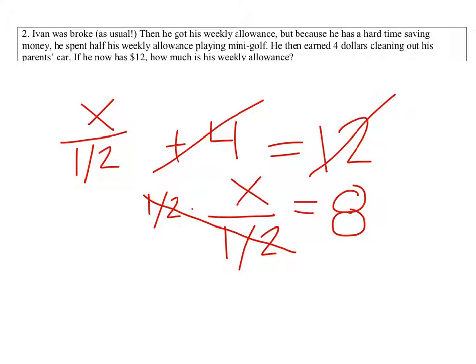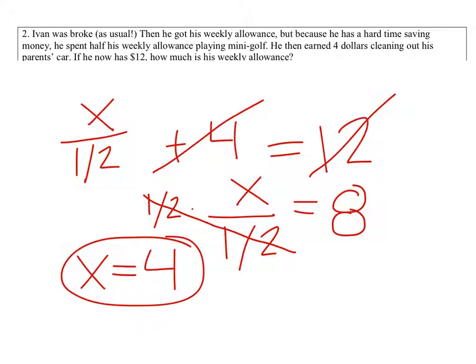So now X equals 16. Is she wrong? Yes, but only slightly. It's not that we would divide by 1/2, it was just that it would be divided by 2 right here.